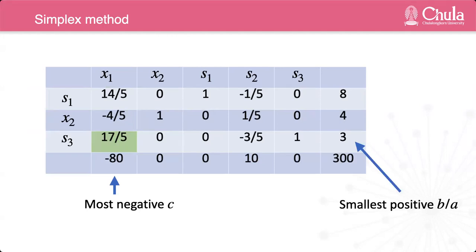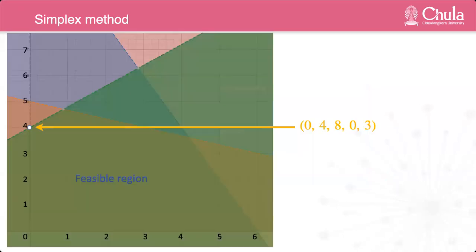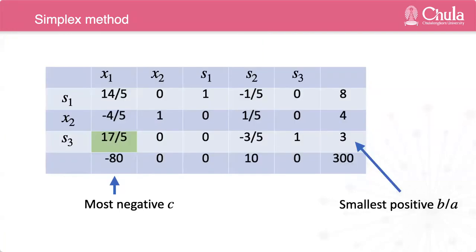Now we look. Now what is the solution? Our solution now, we have S1, X2, S3 as basic variables. So X1 is 0, because X1 is a non-basic variable, it must be 0. And what about X2? X2 is 4, right?